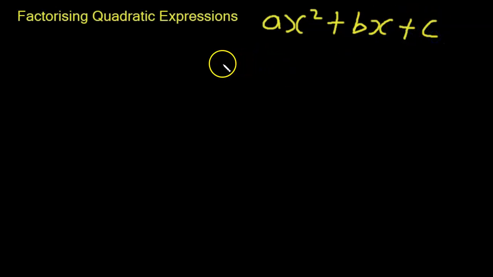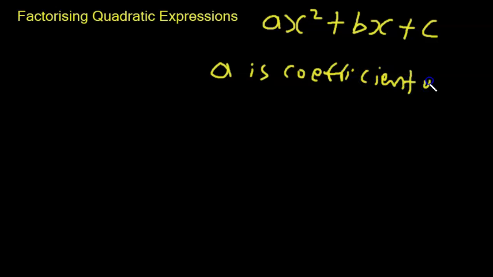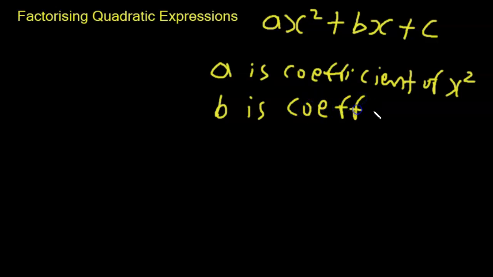I will say that a is the coefficient of the x squared, and b is the coefficient of the x, and c is a constant.